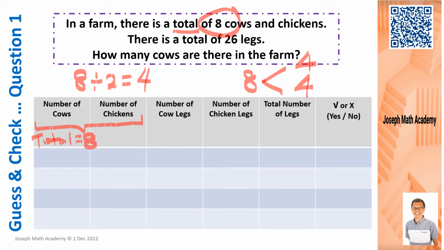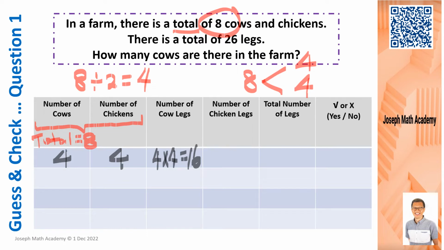So we assume our first guess is 4 cows and 4 chickens. Now we know that one cow has 4 legs. So if there are 4 cows, there will be 4 times 4, that gives us 16 legs.